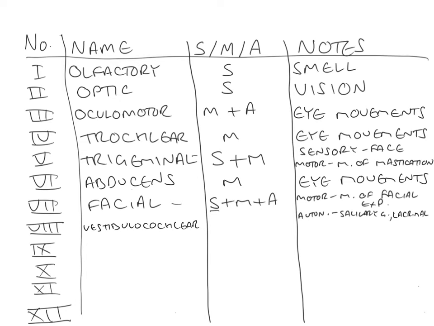This is, some might call it, the balancing apparatus of the inner ear. Cochlear, referring to the cochlea, the organ of hearing. So the vestibulocochlear nerve is very important for hearing and balance, and it is a sensory nerve. As we said, hearing and balance.